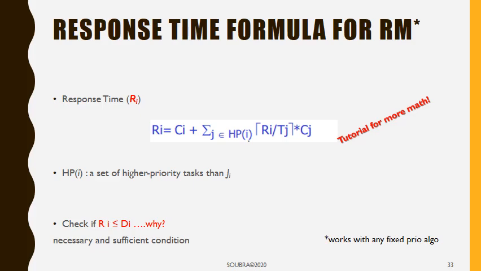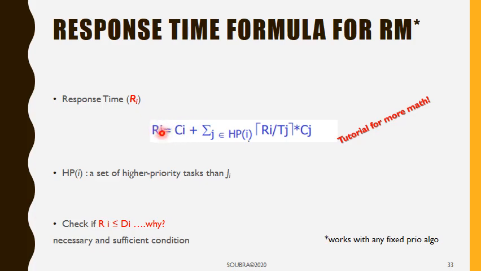So task i, 0, 1, 2, 3, whatever, right? It has at least the computational time, so this is its response for sure. And then this side here, let me use a pointer. So computational time of my tasks.